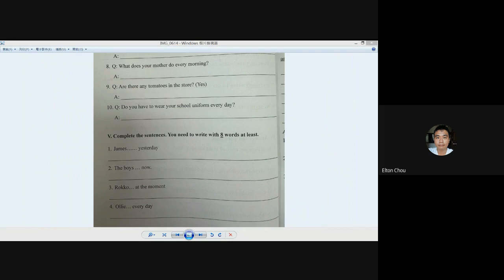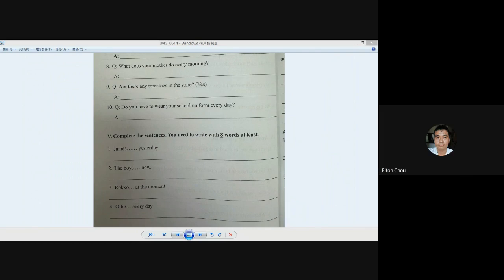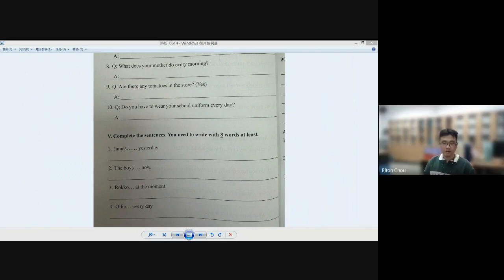Okay. What does Ali do every day? Ali walks to school. Remember, there's a he, she, it, a name for every, right? With his mom every day.